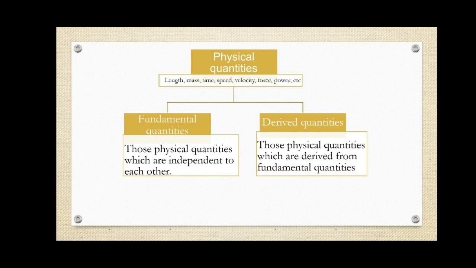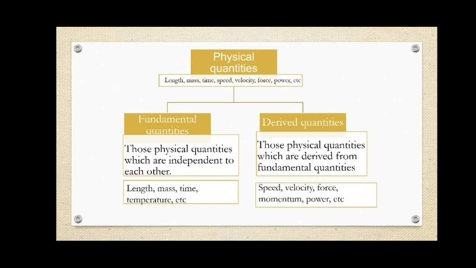The examples for the fundamental quantities are length, mass, time, temperature, and all these are not dependent on any other physical quantities. Whereas the derived quantities examples are speed, velocity, force, momentum, power, etc.